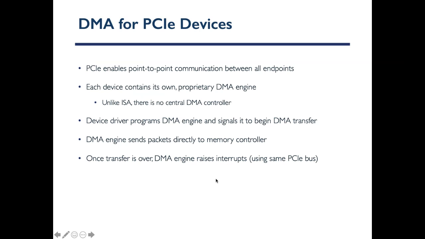So in older communication buses, you usually would get a dedicated DMA controller on your chip that would basically manage all the DMAs. Now with PCIe, there is no need to have a centralized DMA controller per se.